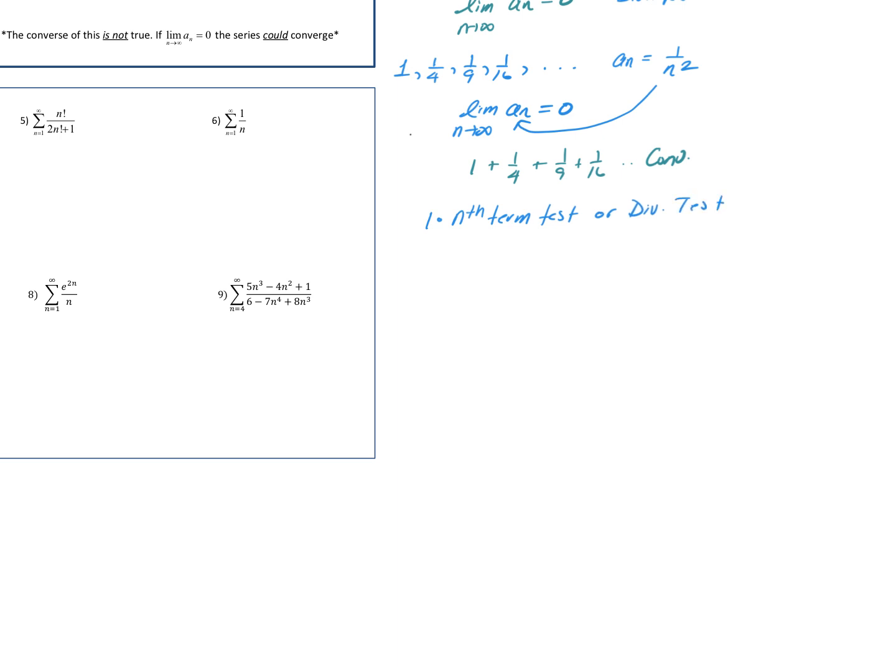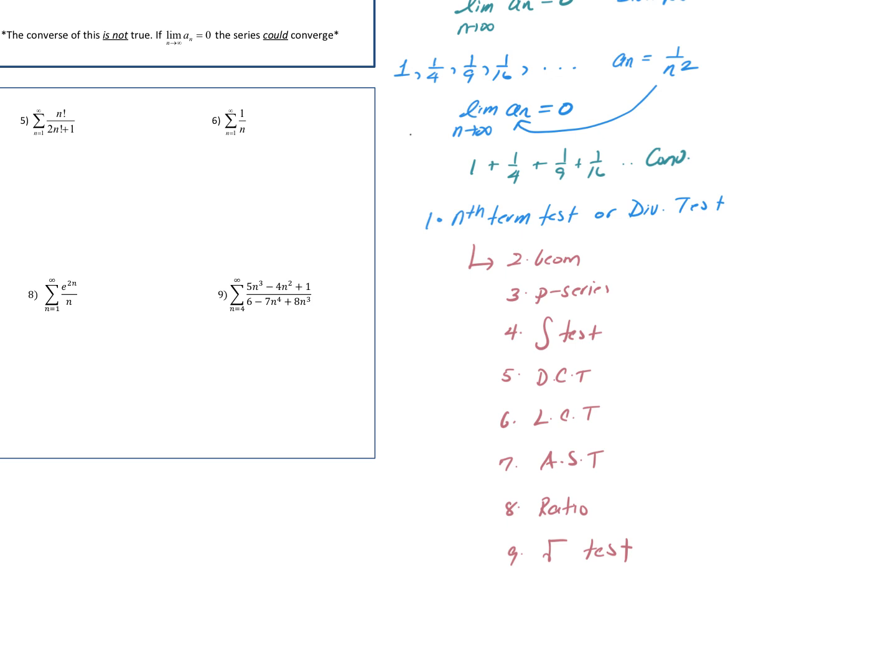And then after that, we're going to get into geometric, p-series, integral test, direct comparison test, limit comparison test, alternating series test, we do the ratio test, and we do the root test. Before we do any of these tests here in red, we have to get past the first test.